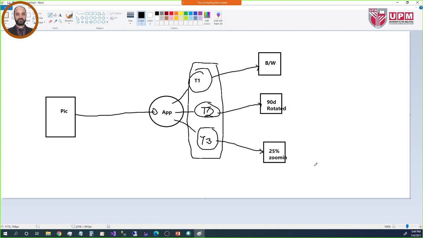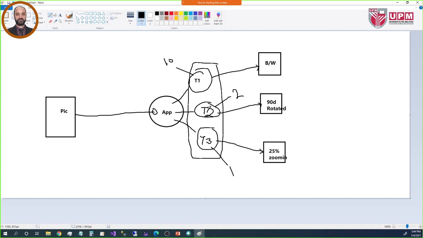Is that clear, guys? So maybe this task could take like 10 minutes. This task maybe takes 2 minutes. This task maybe takes only 1 minute. So these tasks are supposed to be independent. Once this task finishes, it's supposed to save the zoomed in or scaled down 25% picture, and it will finish.